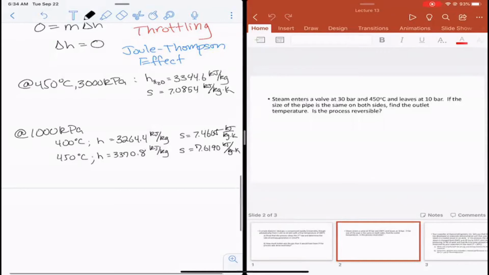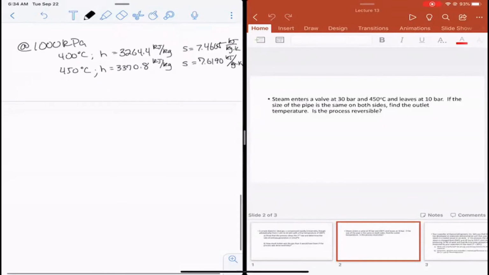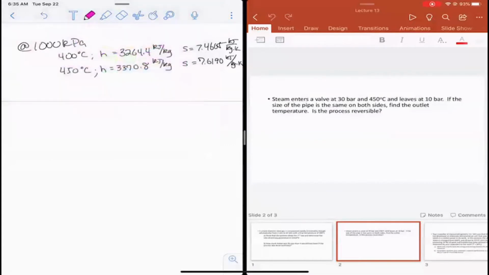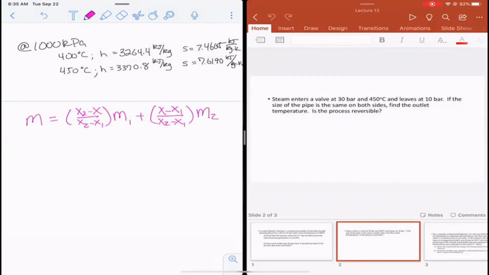And that's actually located in our book on the very first page of the steam tables. So they give us a formula to do this interpolation. And the formula is that M equals (x2 minus x) over (x2 minus x1) times M1 plus (x minus x1) over (x2 minus x1) times M2.